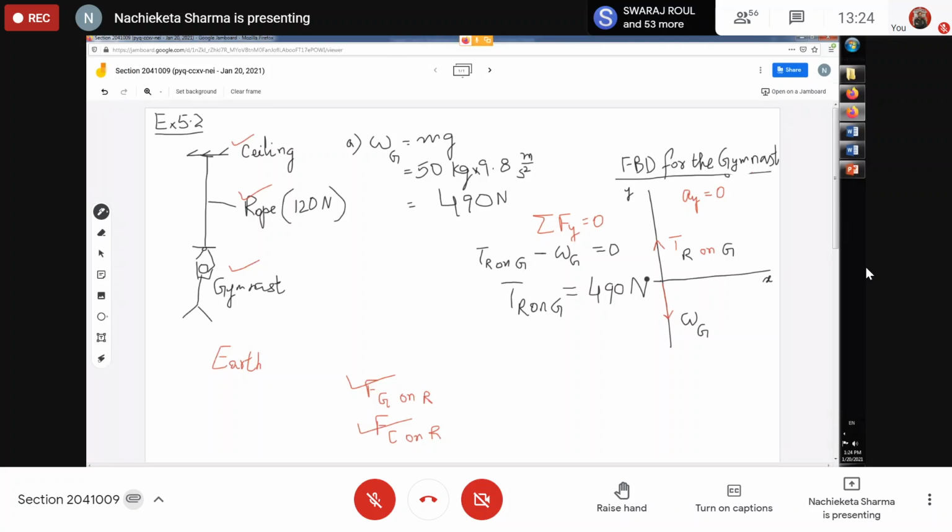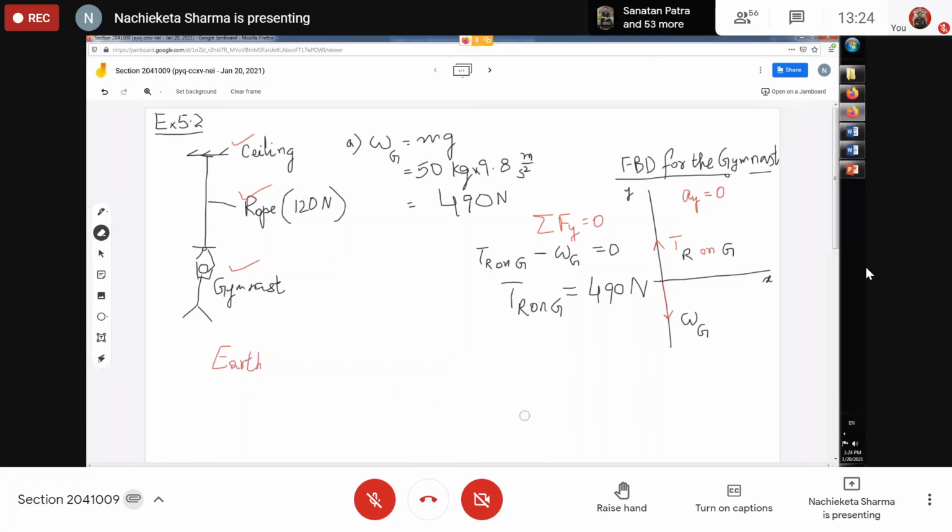Okay, at the lower end we have found the tension. In order to find out the tension at the upper end of the rope, what will it be? I will draw the free body diagram of the rope.